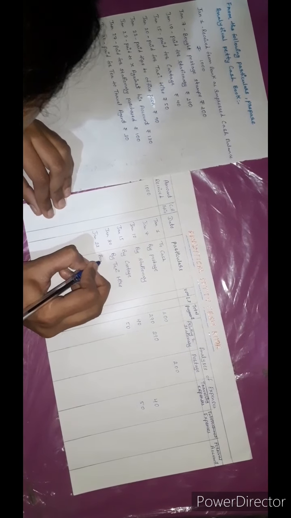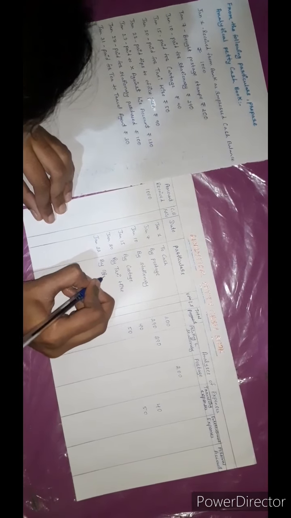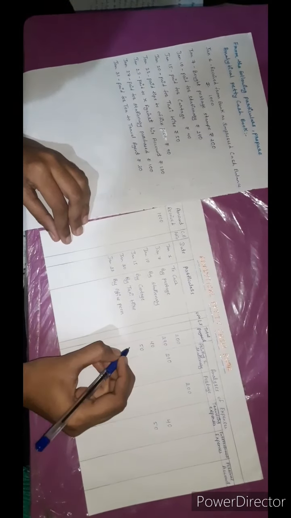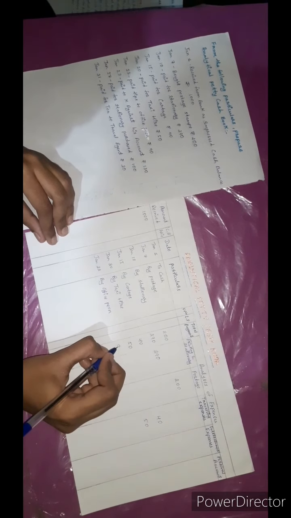And the next one is Jan 22, paid tips to office peon rupees 90. Jan 22 by office peon. This comes under entertainment expenses because we are paying for him as an entertainment expense. So it will be 90 rupees. Under entertainment expenses, it is 90 rupees.